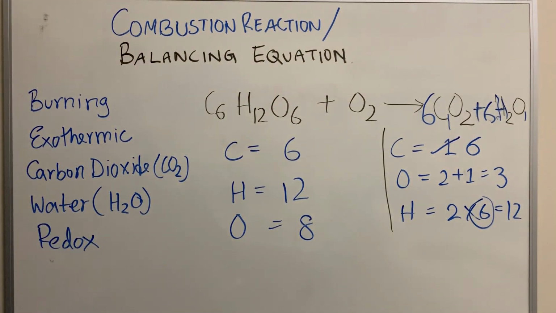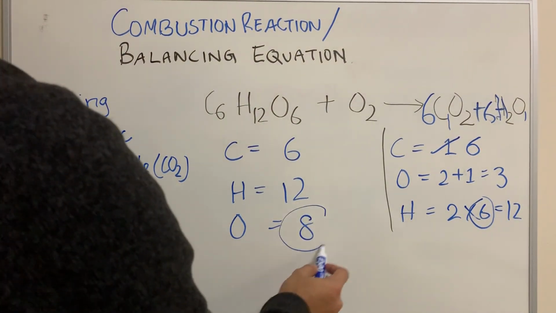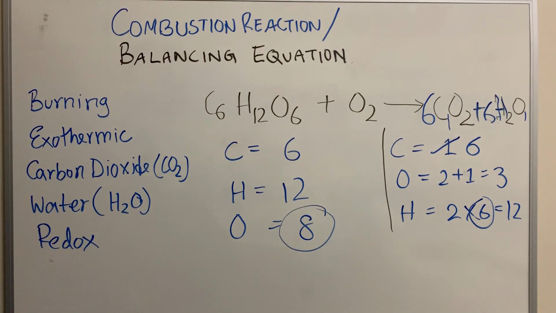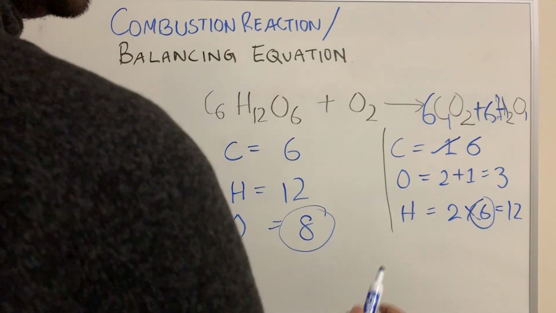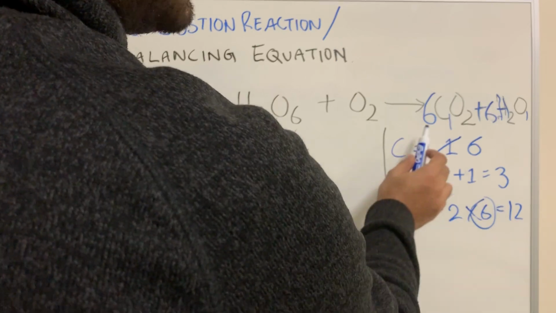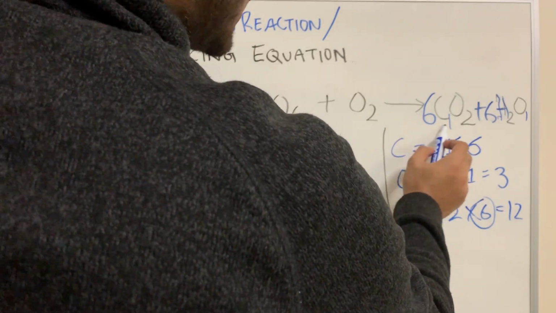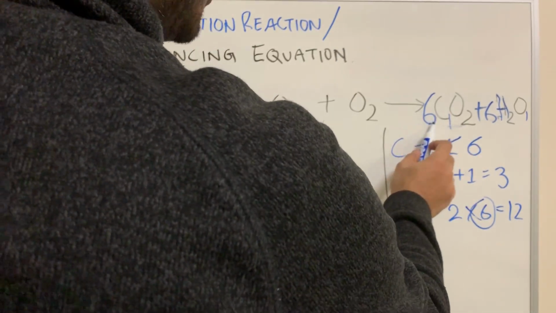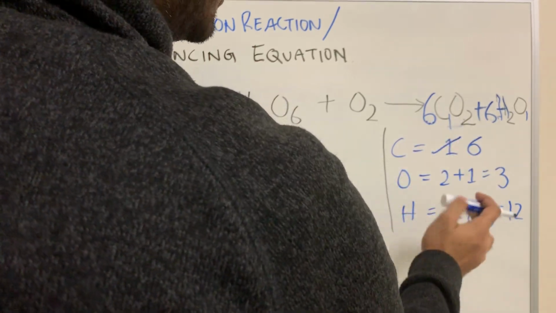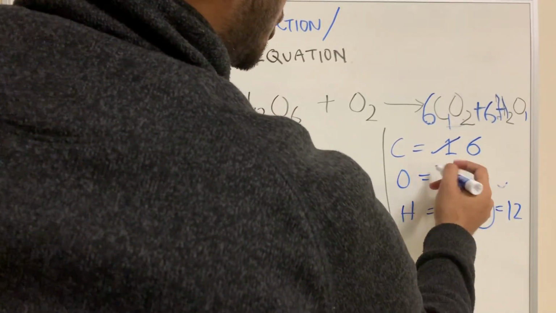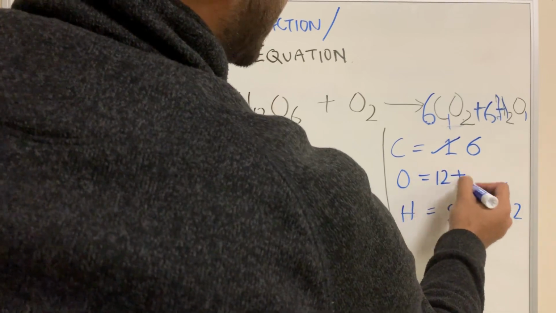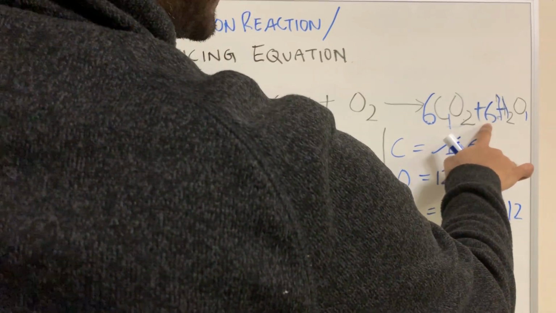Let's look at oxygen here. Oxygen on the left-hand side is a total of 8 atoms. On the right-hand side, you need to modify this number now, because in carbon dioxide, you are adding in 6 molecules. So 6 times 2 makes it 12, plus you are adding 6 molecules of water.